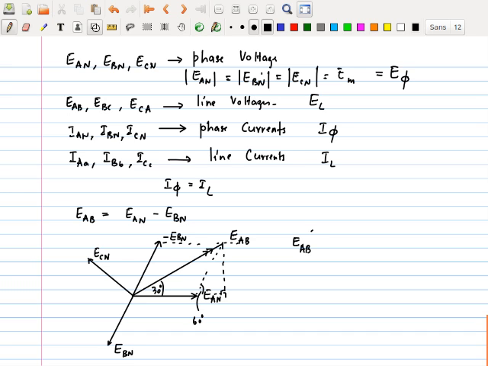and I can put down a statement that says EAB squared is equal to this one squared plus this whole thing to the power 2. So I would rewrite this like EM. Now remember that amplitude is EM, and that's the case for all of these things.